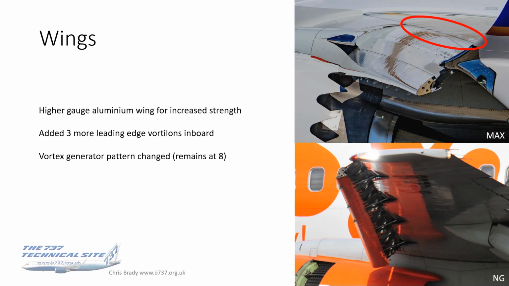I don't unfortunately have a decent equivalent photo of the NG from that angle to show you the before and after. But again, we're back into the world of trivia. I'm just trying to be comprehensive with the differences here. So the patterns change, but there are still 8 of them.